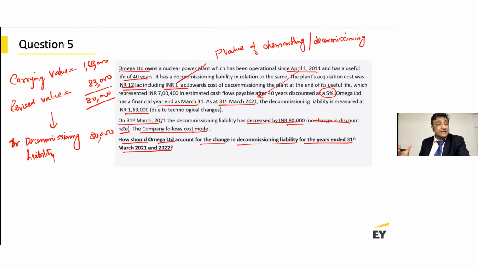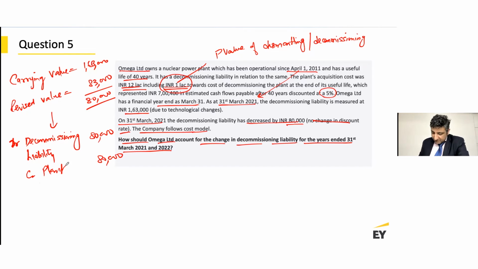Now, in this case, what you want to remember here is that any changes in the decommissioning liability with a change in the estimate thereof would be adjusted against the value of the asset. And that is where, by the way, we had created that liability, into the value of the asset itself. So the reversal of that estimate is also being taken through the asset, which in our case is the plant.